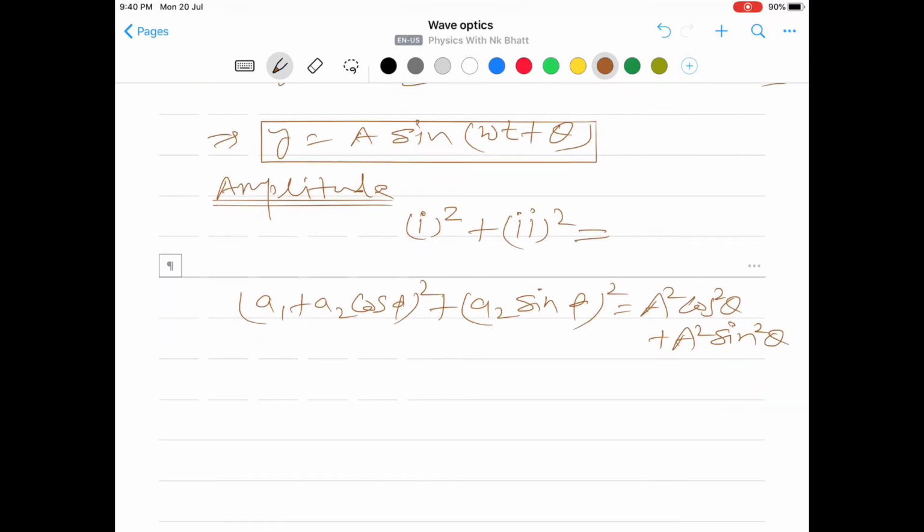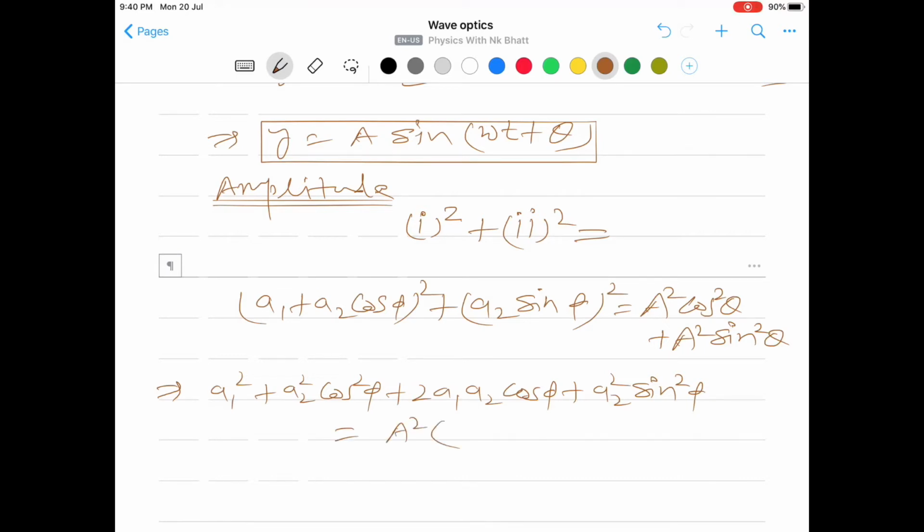If we open these brackets, it will be a1 square plus a2 square cos square phi plus 2a1 a2 cos phi plus a2 square sin square phi is equal to a square.